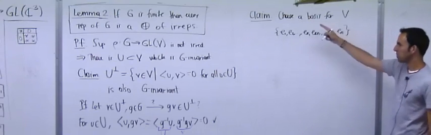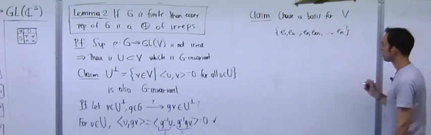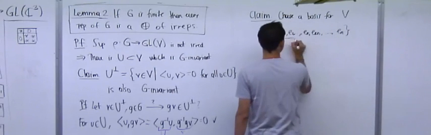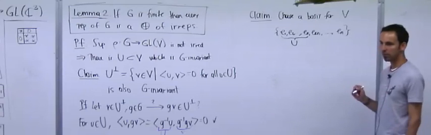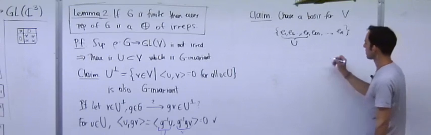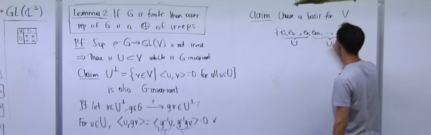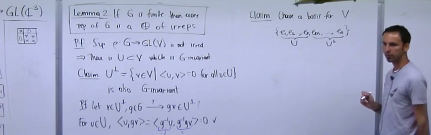But I have complete freedom over which basis I choose, and I'm going to choose it in a way that first I choose a basis for U, which is invariant, and then I'm going to choose a basis for U perp, which is also invariant.